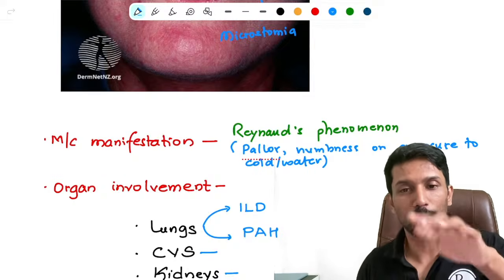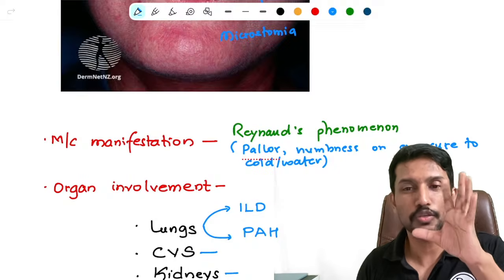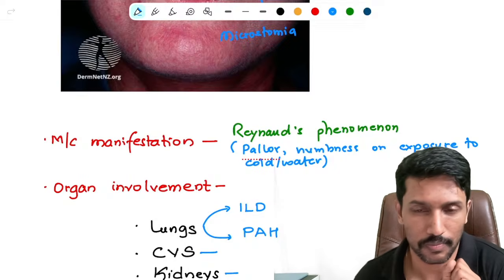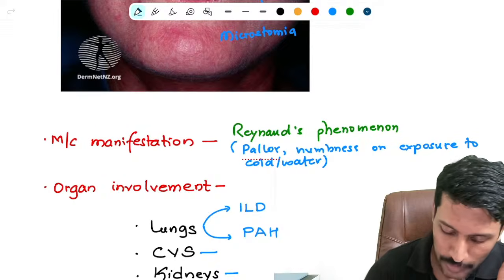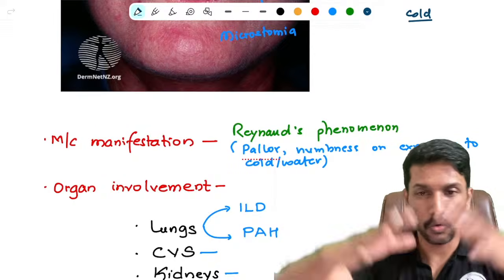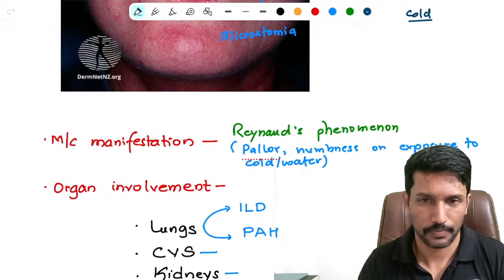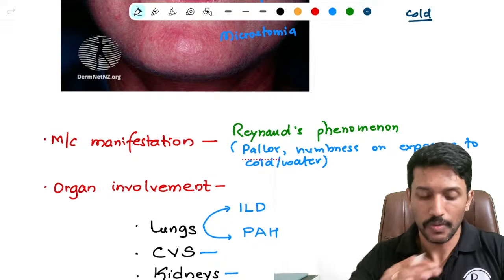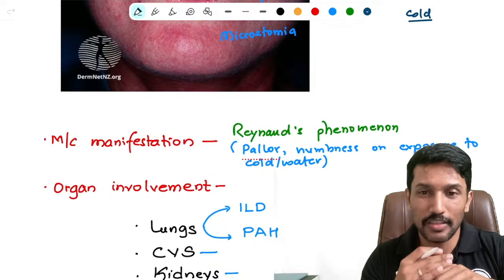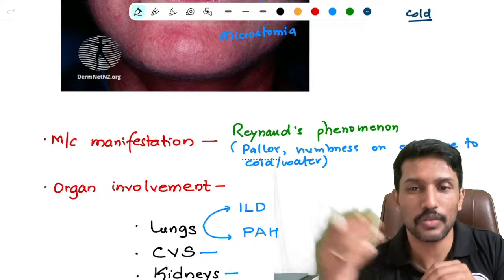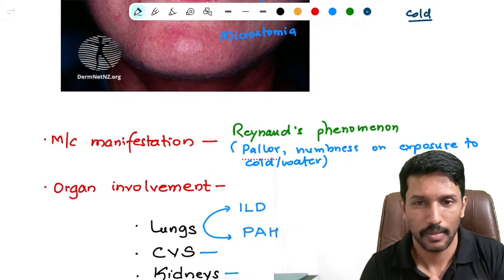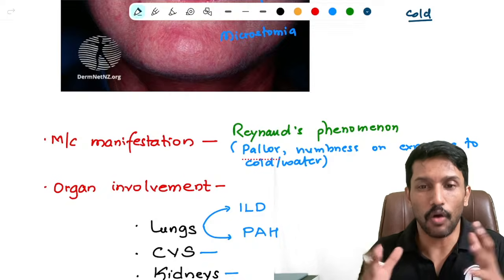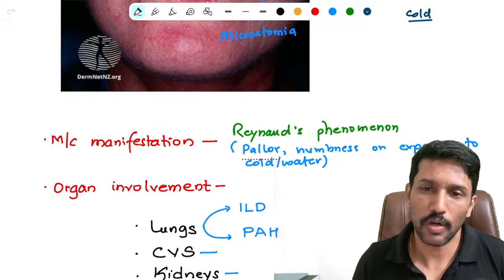Normally itself, when I'm exposing my extremities to cold, there will be vasoconstriction. Because when you expose yourself to cold atmospheric temperature, from the body surface I might start losing the heat to this cold environment. But the body wants to keep the normal body temperature. So what will the body do?